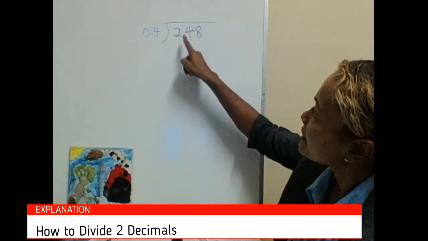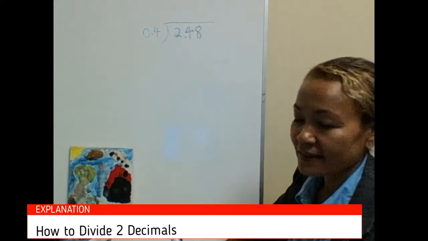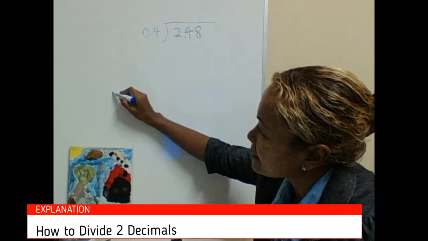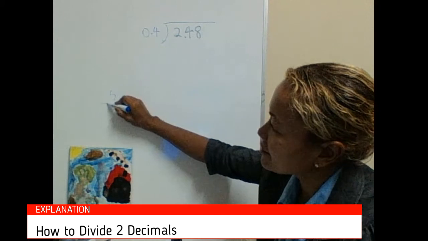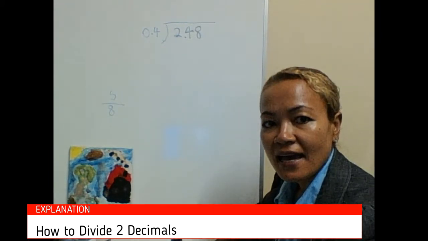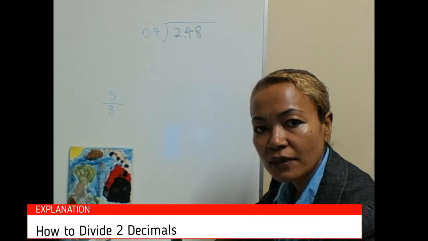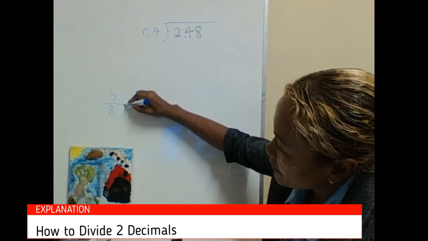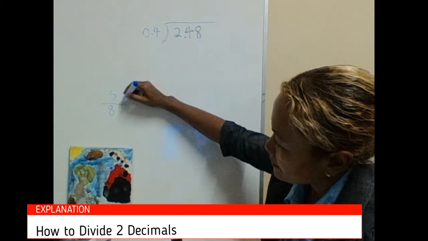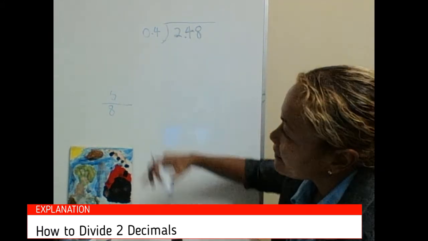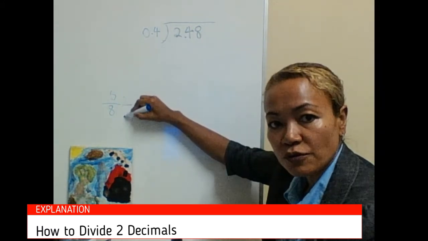Okay, one easy way to tackle this is, do you remember if we had 5 divided by 8, for example, and we were trying to simplify that, or even find equivalent fractions? Anything you do to the top, you can do to the bottom.